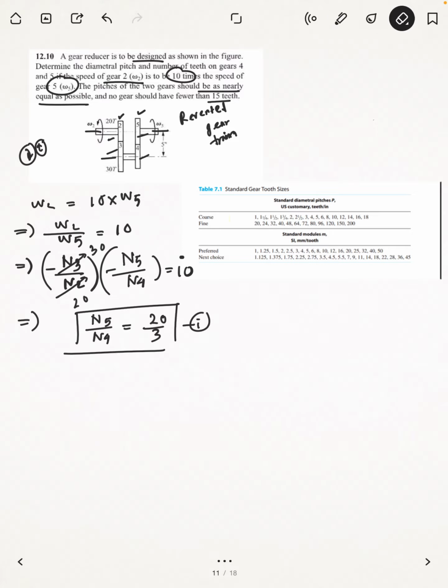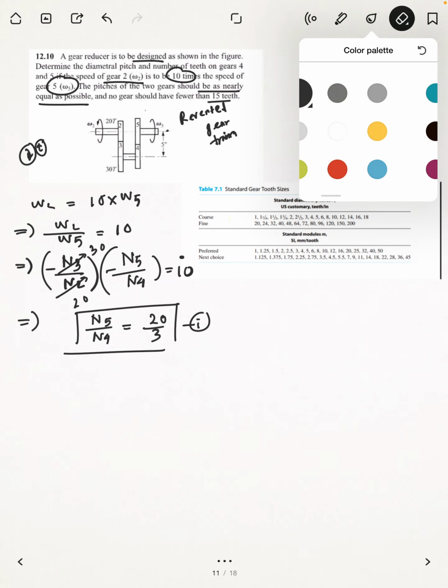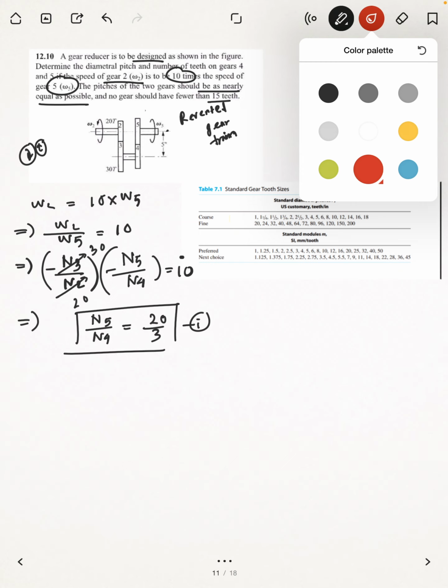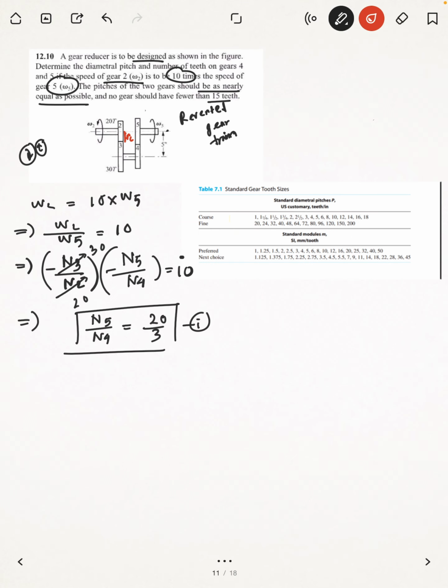One of the important conditions during our discussion about the reverted gear train was this. If this is R2, this is R3, this is R4, and this is R5, then R2 plus R3 is equal to R4 plus R5.